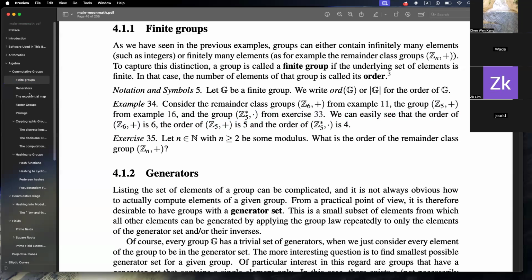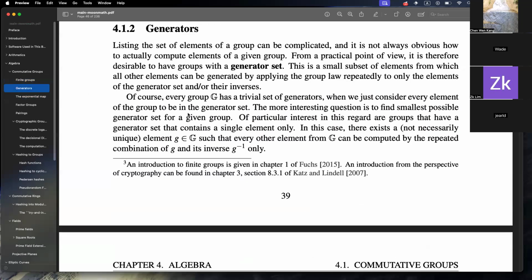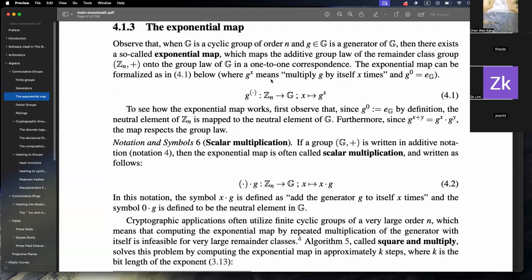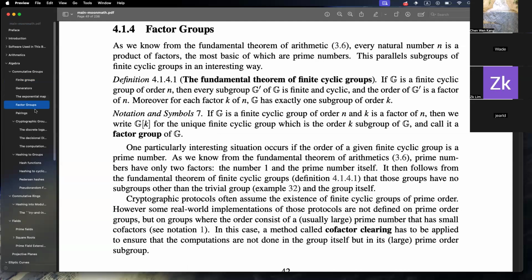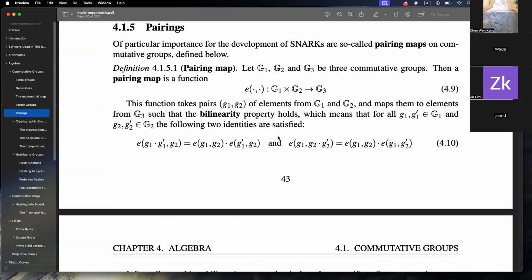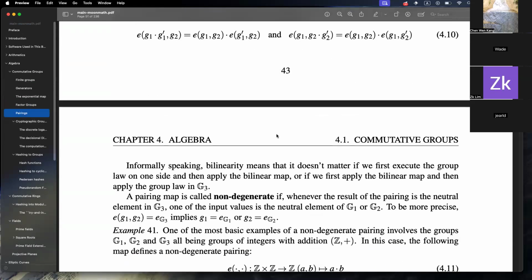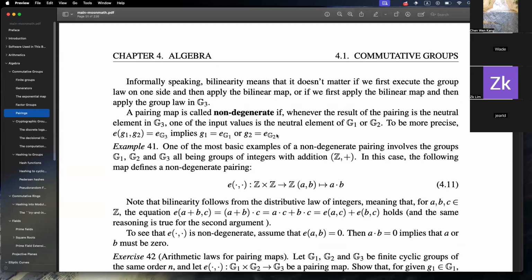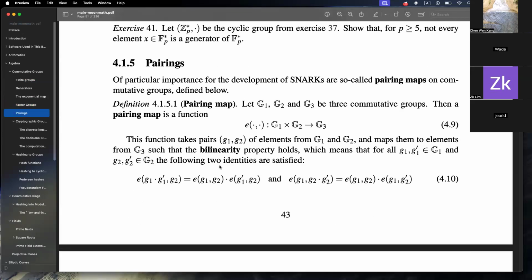That's one thing, right? There's also generators, exponential map, if you can. You can write a function that produces an exponential map, which works. Factor groups, pairings. I think pairings is a little bit harder here, because I don't think they really go into how it's done.